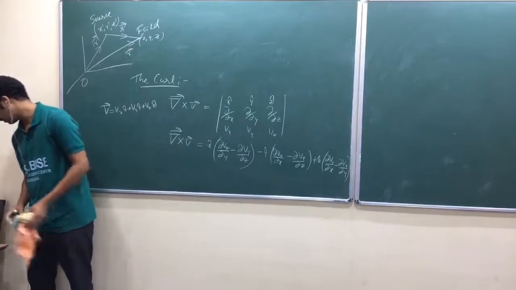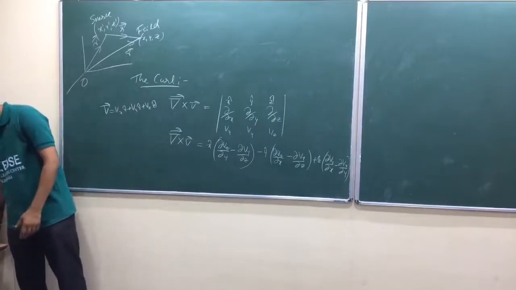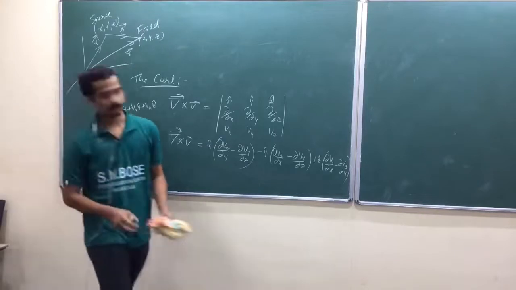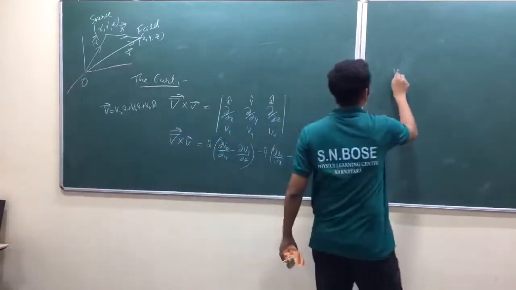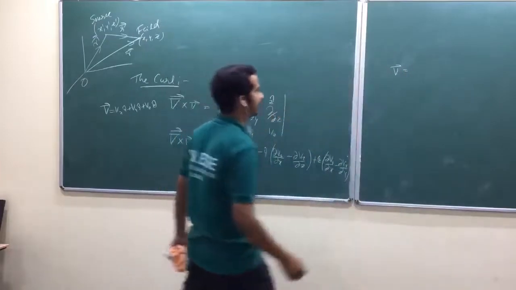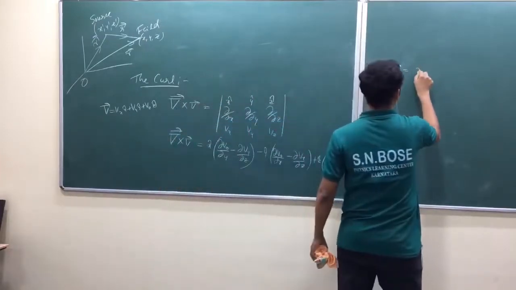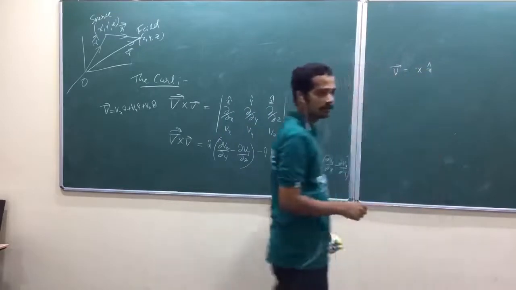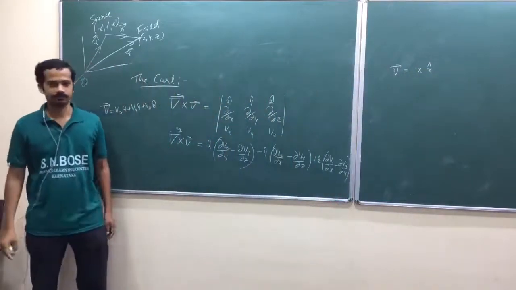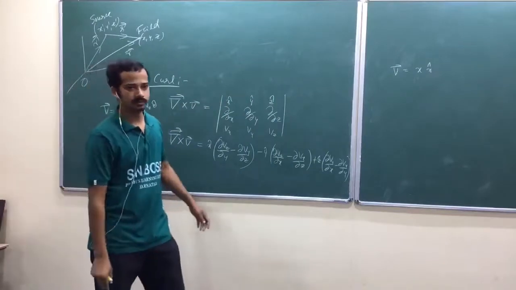So now I'd better take one example, okay? Then let me interpret when this will be non-zero. Suppose I take V equal to, let me interpret what the physical significance is a little later, x into x cap. What is the curl? You have to say without solving.